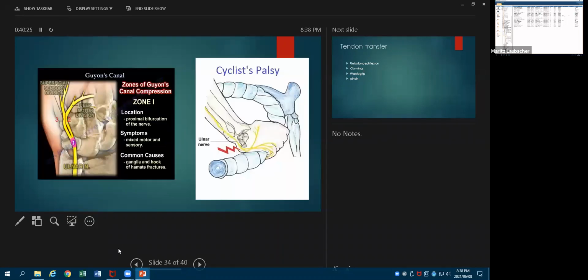Any questions about cubital tunnel, Guyon's canal? So the other thing with Guyon's canal is you often do see patients with a ganglion coming from the pisotriquetral joint going into the Guyon's canal. Remember, if they've got Guyon's canal involvement, the FDP to the little finger is intact and the dorsal sensory branch of the ulnar is intact. So that's how you differentiate.